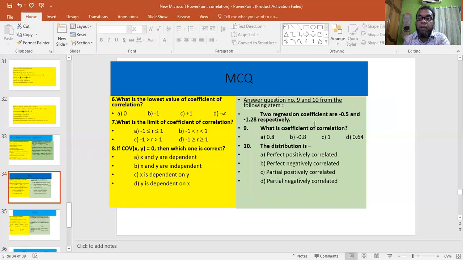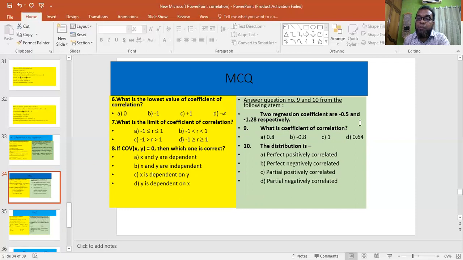Number 9. The regression coefficients are minus 0.5 and minus 1.28. So what is the coefficient of correlation? Coefficient of correlation equal to root over byx into bxy. That is, you multiply 0.5 and 1.28 and then take the square root.